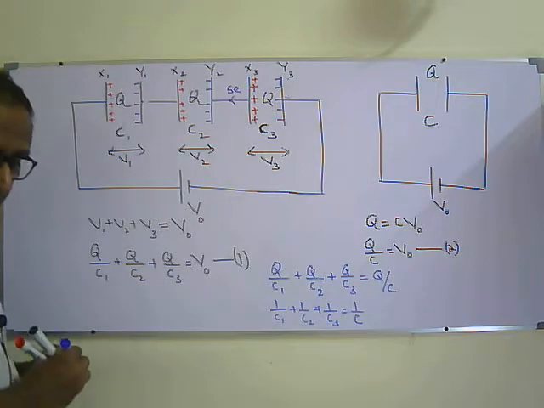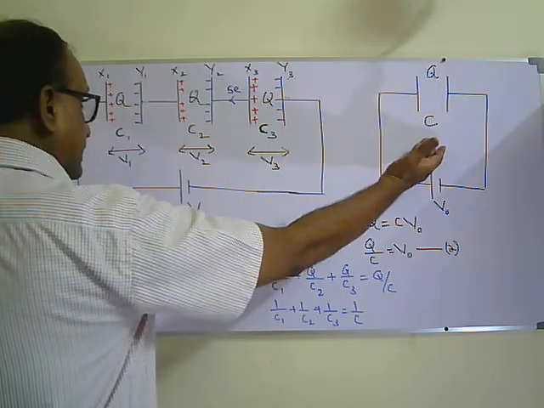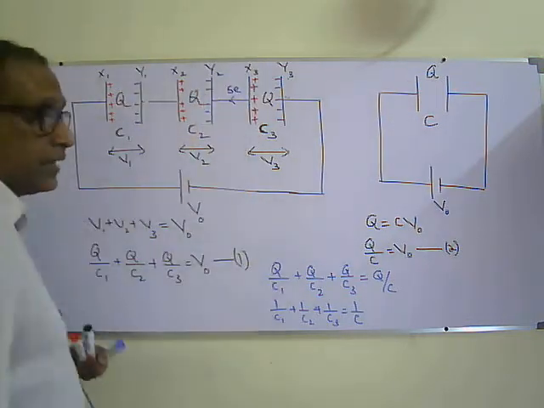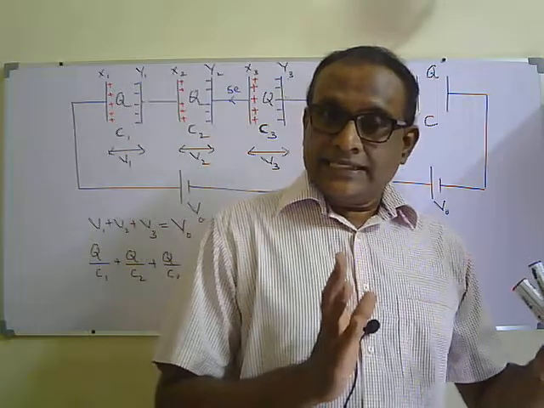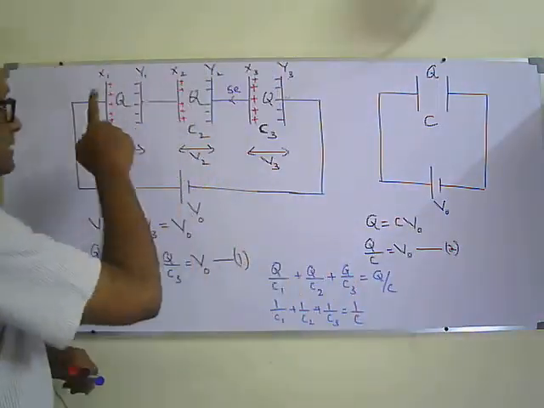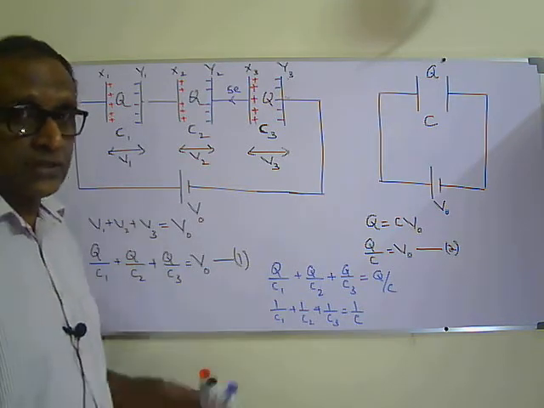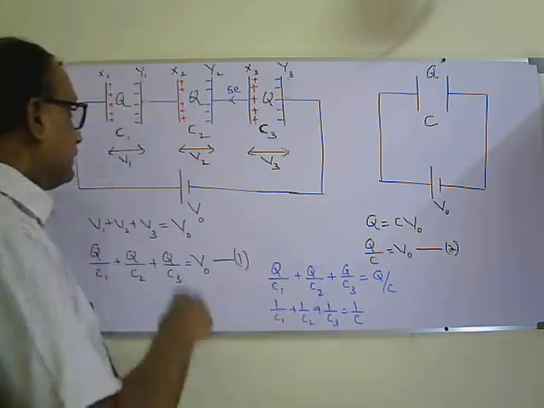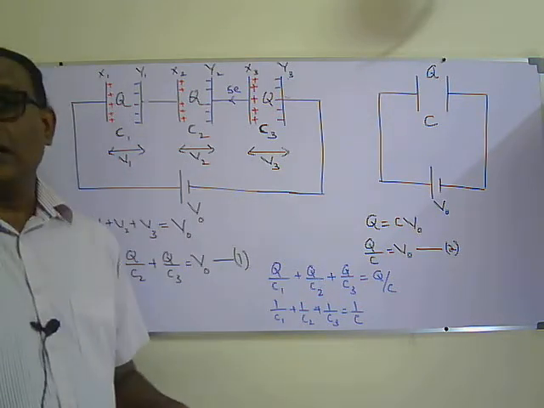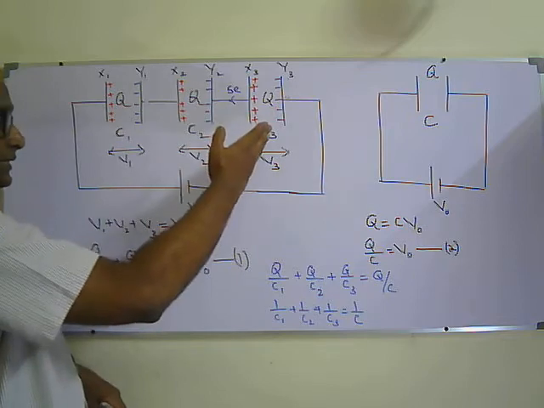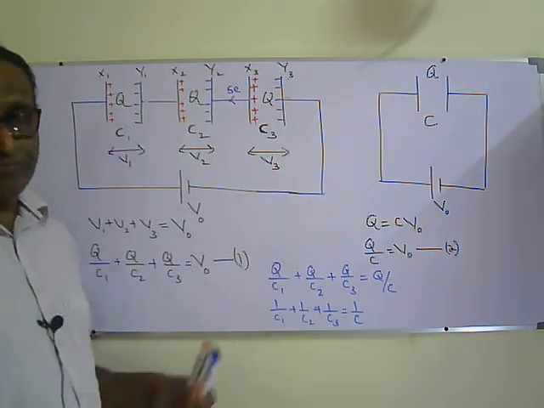So what are the relationships between the equivalent capacitance and the capacitors connected in series? Remember that when capacitors are connected in series, they carry the same charge, or they are charged to the same magnitude, but they can have different voltages if they have different capacitances. If all three have the same capacitance, the voltage will be divided equally.